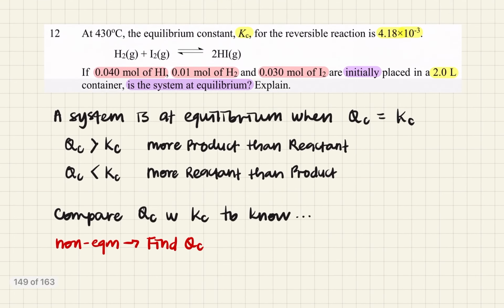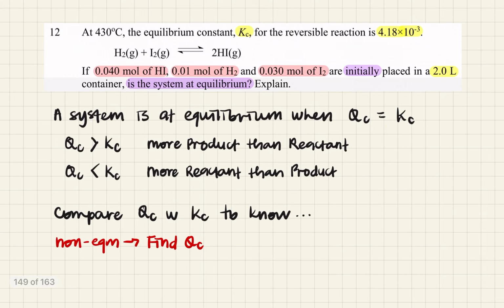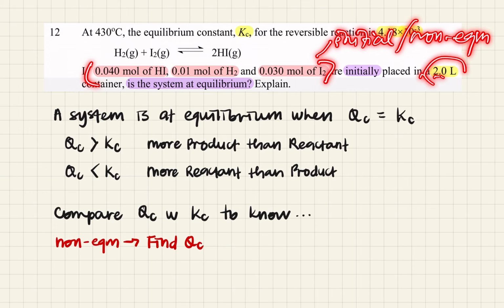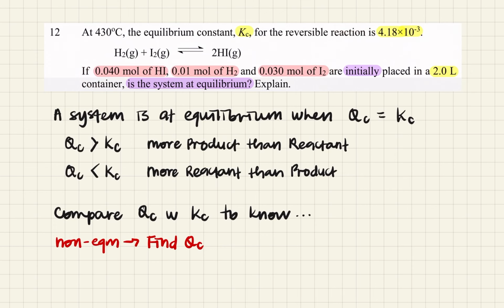Number 12. At 430 degrees Celsius, the equilibrium constant Kc for the reversible reaction is 4.18 times 10 negative 13. If 0.040 mole of HI, this mole of H2 and this mole of I2 are initially, meaning this is the initial, non-equilibrium information, placed in a 2 liter container, is the system at equilibrium?